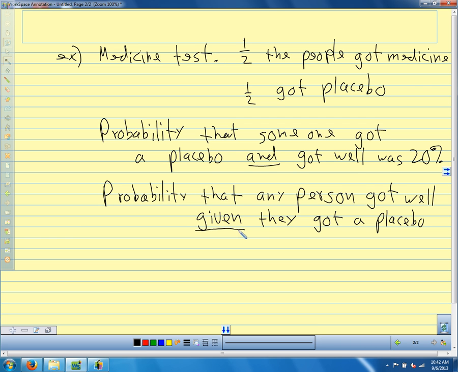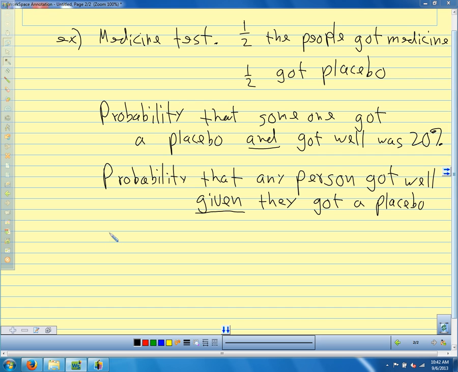So I'm going to write down a few probabilities just to make it easier to see what we have. The probability that someone got medicine. So what's the probability that someone in this test got medicine? Half, or 50%. And the probability of a placebo, 50%, again.